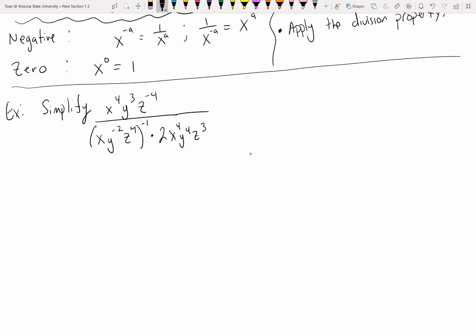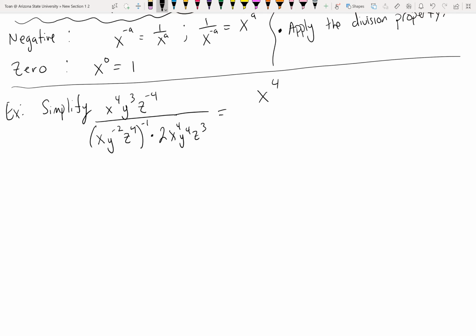So very similar to what we did yesterday, just you have more variables. That's okay. So if you were to follow my suggestions, the first thing I would do is take care of any parentheses, and I only have one set of parentheses here. So applying the power property, I'm going to distribute that exponent of negative 1 inside to every single exponent. The rest of the problem, I'm not going to do anything with, so I'm just going to copy them down.